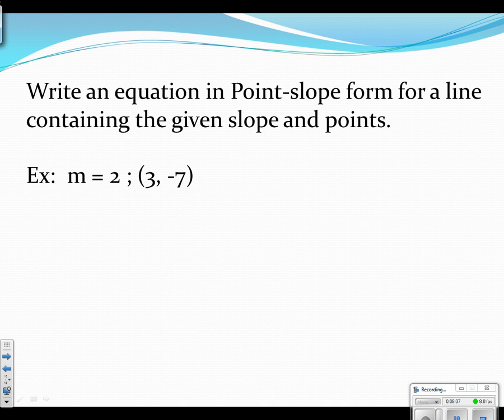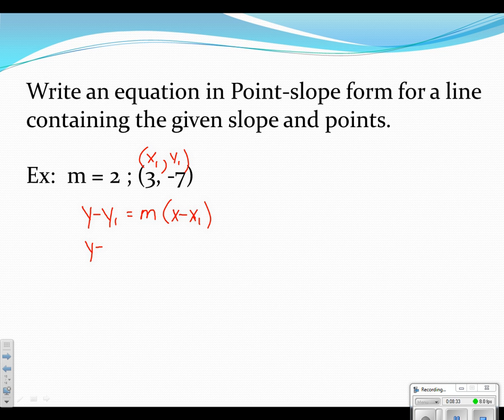So let's take a look at this one. Write an equation in point-slope form for a line containing the given slope and point. So thinking about our model, fill in what you know. So here's our point, and of course, m is equal to 2.